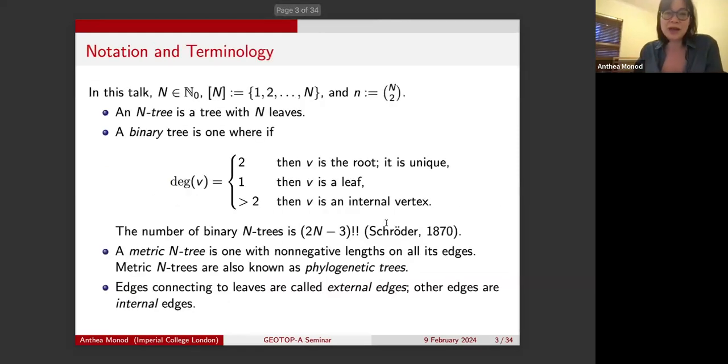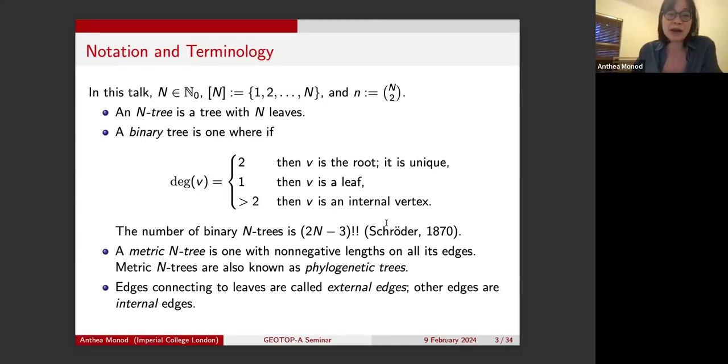So, a bit more mathematically, a bit of notation and terminology that I'm going to use throughout this talk. Big N is going to be the number of leaves of our tree. I'm going to denote by the brackets of big N the collection from 1 to N of the leaves, and little n to be big N choose 2. An N-tree is just a tree with N leaves.